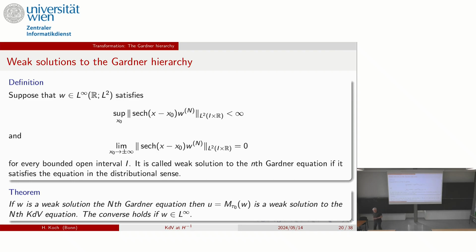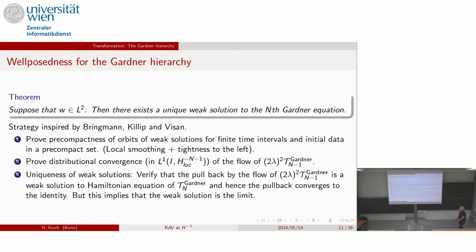And the main theorem here: the first theorem is that you can go from weak solutions to Gardner to weak solutions to KdV, and also in the opposite direction with some restriction. And the main theorem is that for W in L2, there exists a unique weak solution to the nth Gardner hierarchy.